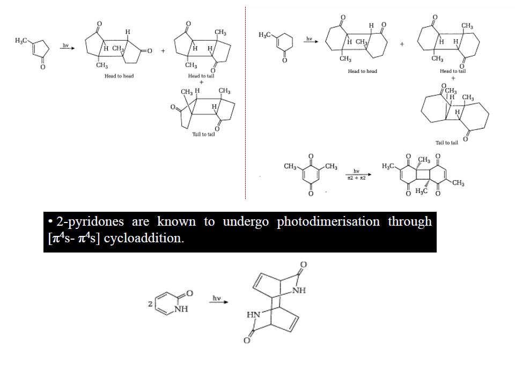This reaction is believed to occur from the excited triplet state because intersystem crossing is very efficient for that reaction. While the pi to pi triplet excited enone also causes the dimerization, as we can see here. Now, consider another example where two pyridones are known to undergo photodimerization through a pi4s plus pi4s cycloaddition reaction.